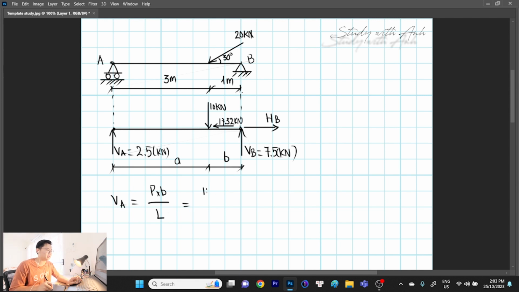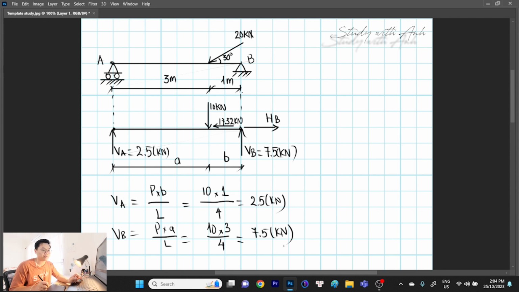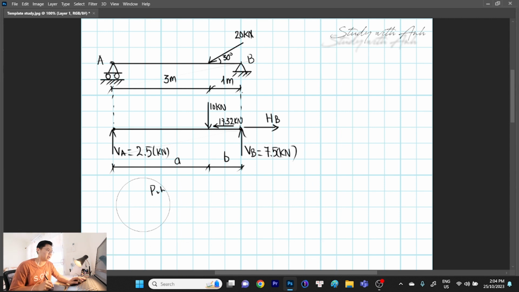So P is 10, times B is 1, L is 4, so it ends up with the same results, same VB. Now for VA, P is 10, A is 3, L is 4, so 30 over 4 is 7.5 kilonewton. That's another way, right? Alright.